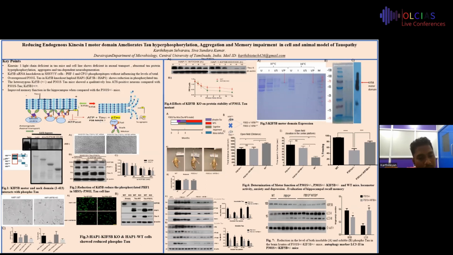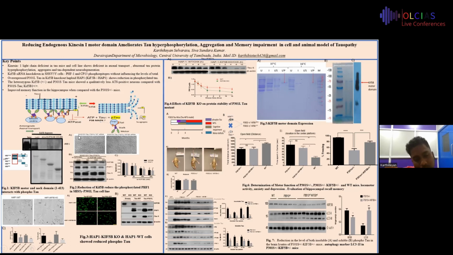So we take out different parts, like head domain, motor domain, and we perform the pull down assay with paired helical filament, that means tau forms. It shows that 1 to 413, that is the motor domain, has specific interactions with tau. On that basis, we carried out the research.